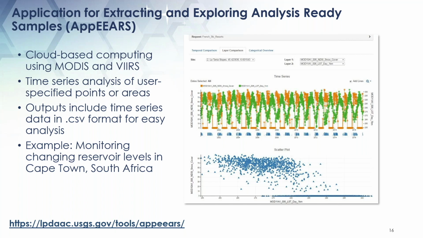So you can submit requests to analyze the quality of the data. And you can look at point samples or area samples. And you can do this with MODIS and VIIRS as well as Landsat data. And you can create these visualizations in the tool prior to your download here. It's a really great tool.